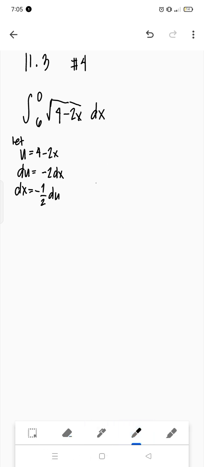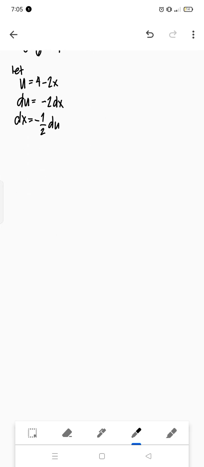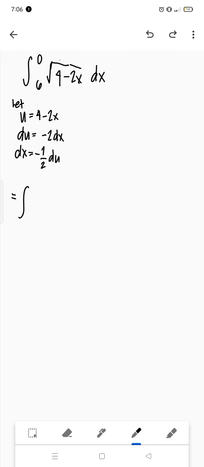Now let us solve for the limits. We first get x equal to 6, in which its u would be 4 minus 2 times 6, which will be negative 8.